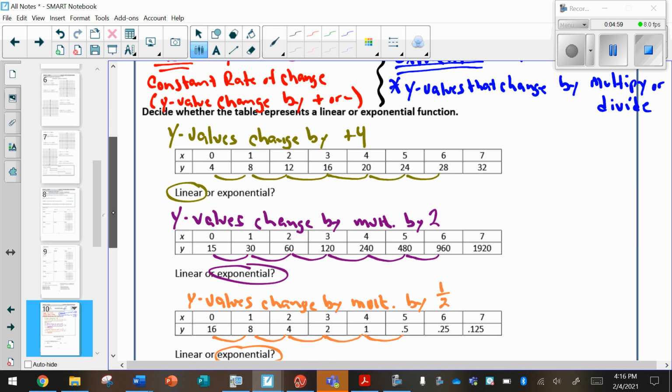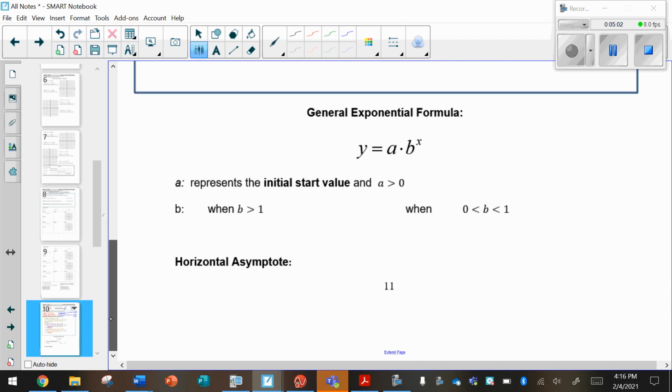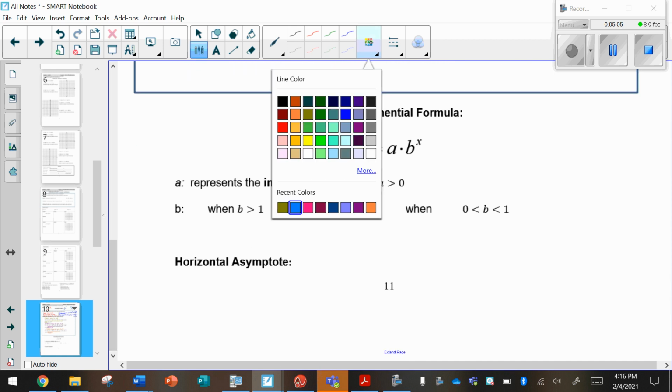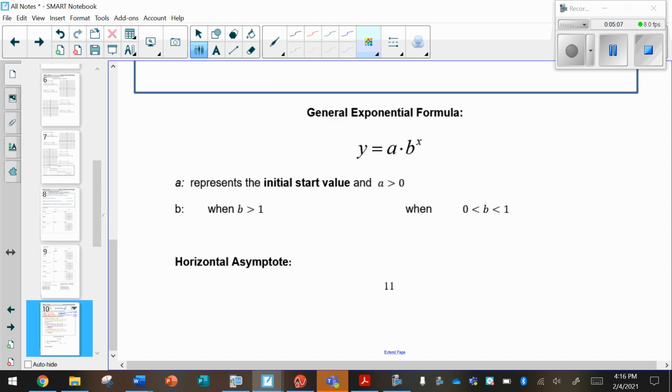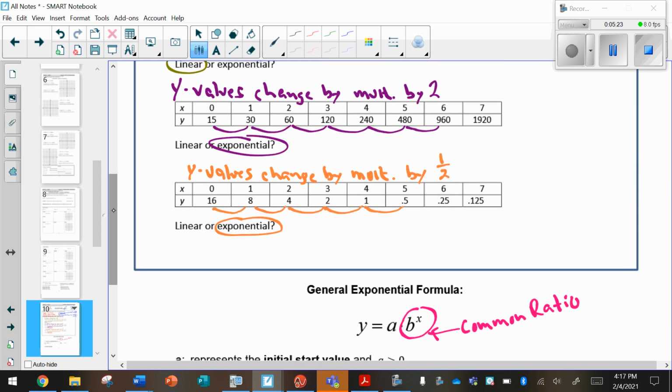They're both exponential equations. To figure out whether your graph would be an exponential growth or an exponential decay, you would look at the value that has the exponent. This is called our common ratio. That is the number that is used in the table to change the y values. When I said the y values change by multiplying by 2, in that example, the common ratio is 2.